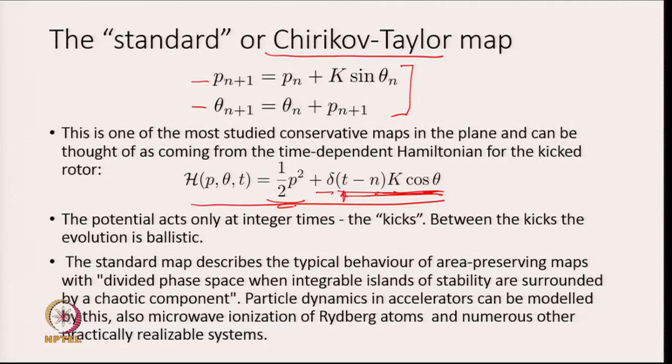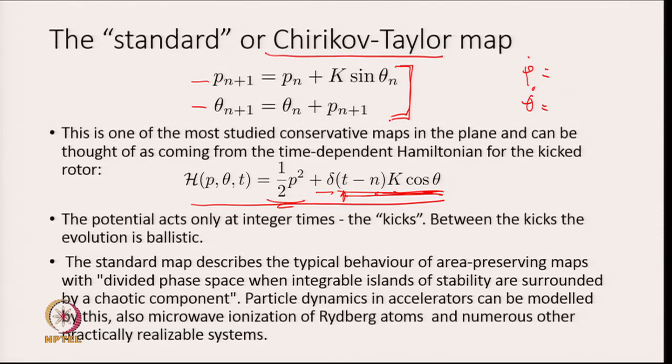If you were to write down the corresponding Hamiltonian equations for p dot and for theta dot from this Hamiltonian, and then proceed to discretize it, the following equations emerge.